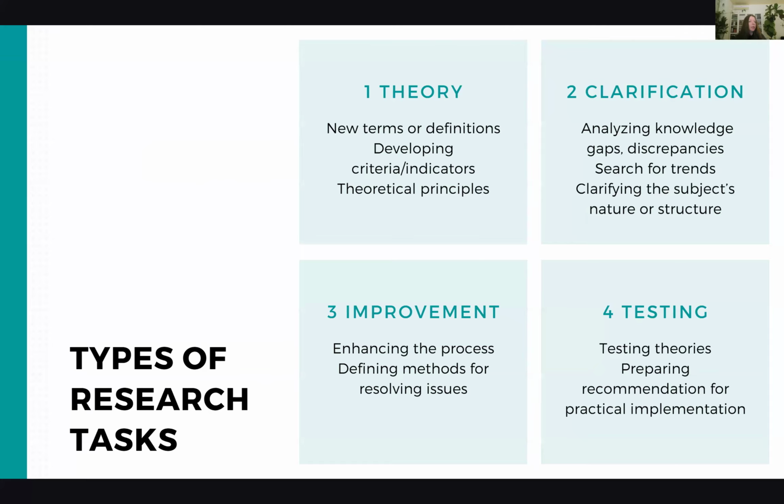So there's mechanical alloying, directional solidification, and other methods. So by comparing them, you would be analyzing discrepancies, analyzing knowledge gaps, and searching for trends and identifying where you could offer something new to this topic. So that would be the second task, understanding where there is room for improvement.